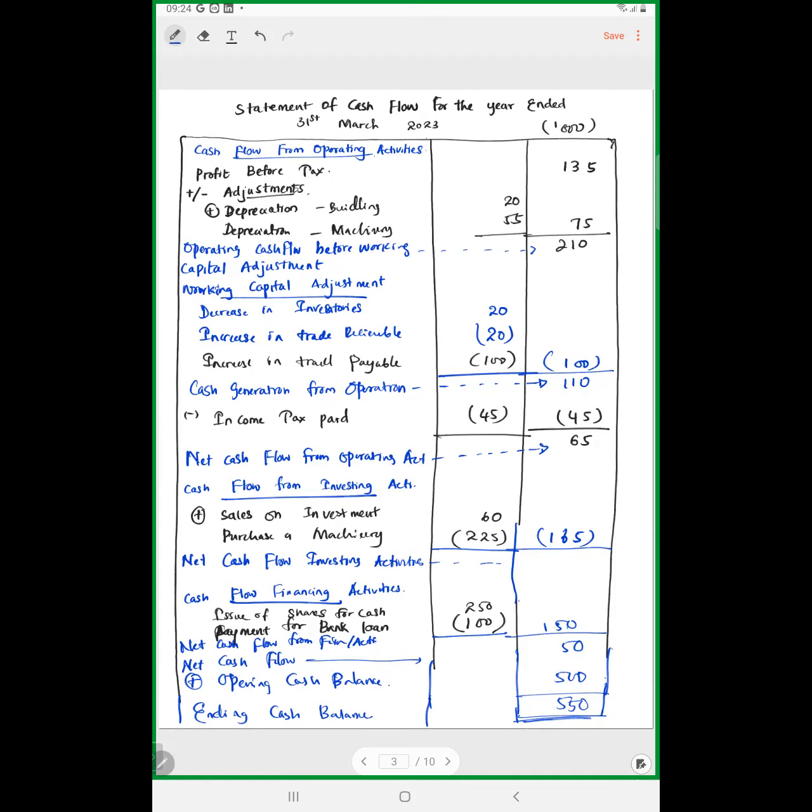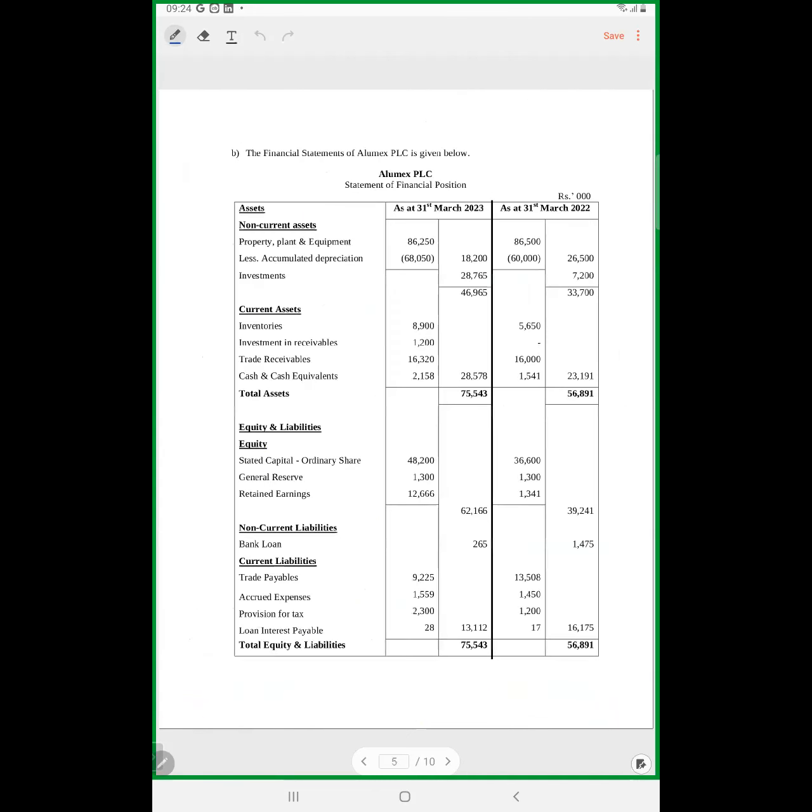Any question? No? Is that clear actually? If so, you can move to question number 2.